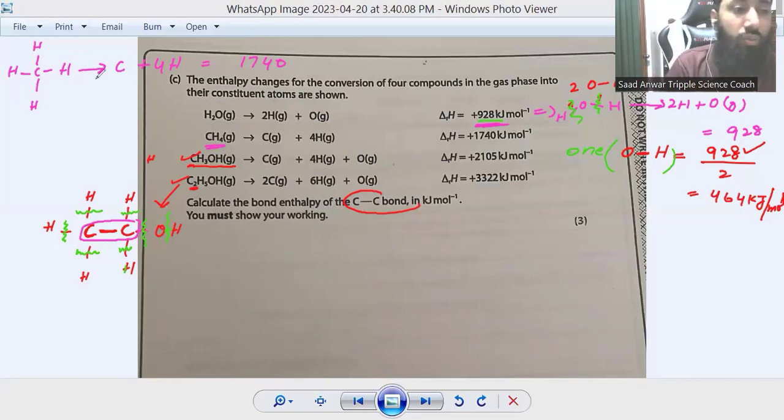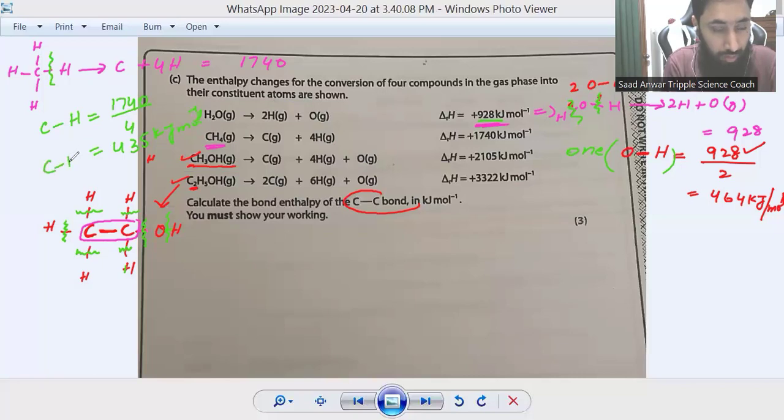If you just want to break one carbon-hydrogen bond, then how? Divide by 4, very good. Divided by 4, it would be 435 kilojoule per mole. So this is the carbon-hydrogen bond.